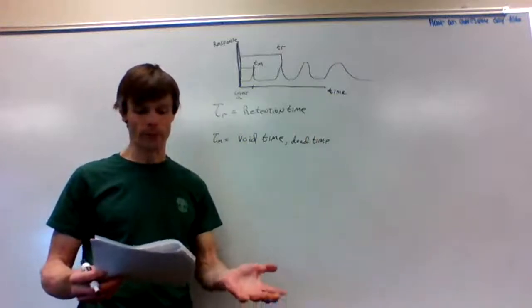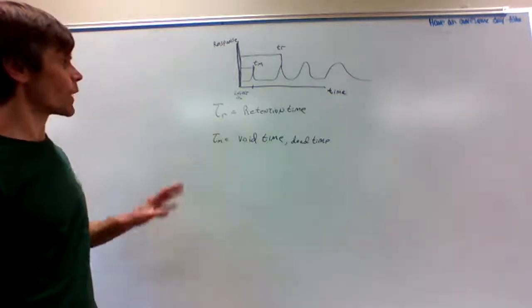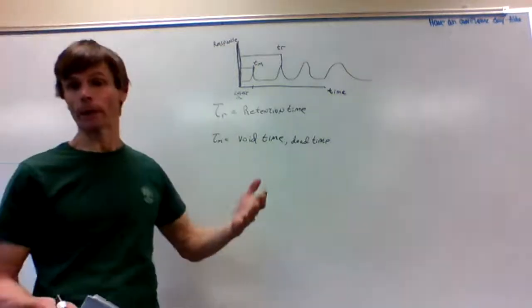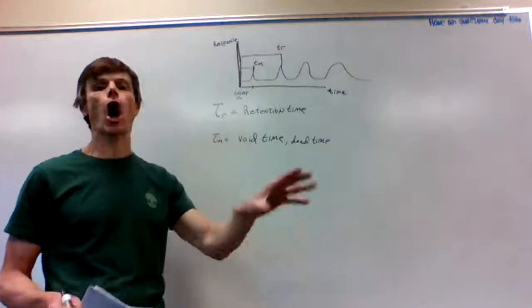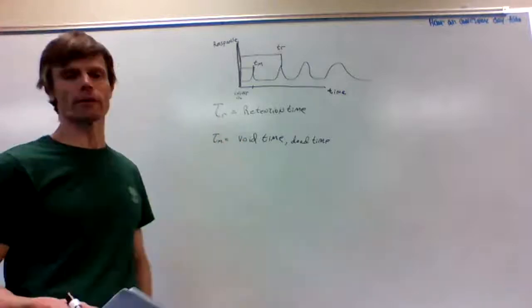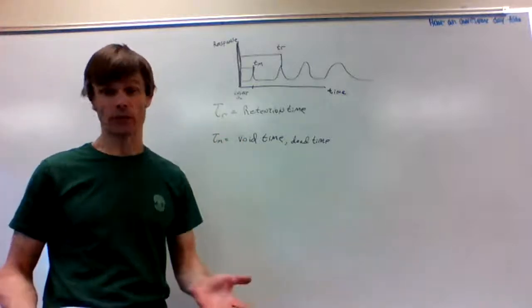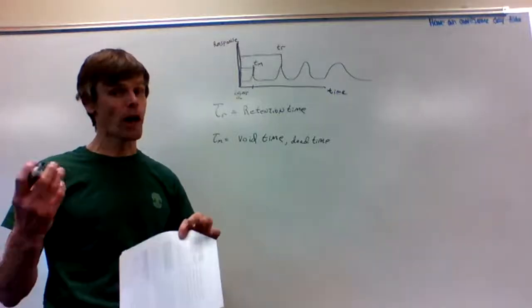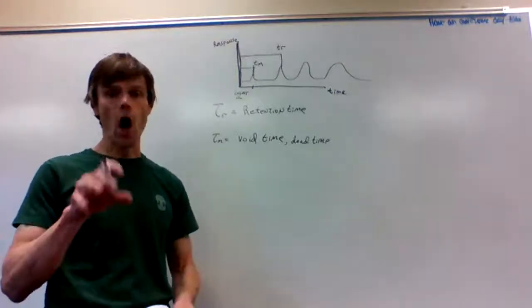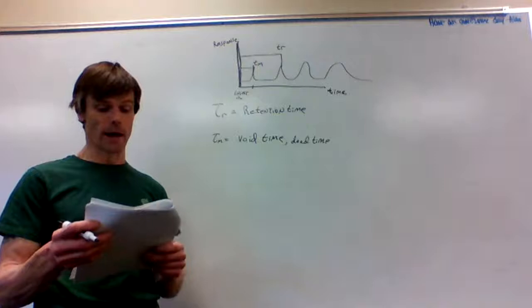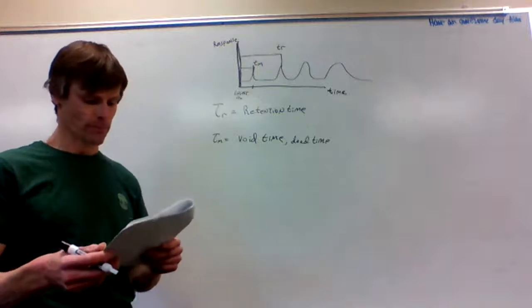Real important information. Now, we're going to do an experiment a little bit later dealing with GC. A common non-retained species is CH4. I have it listed here. It's not used all the time, but it is commonly used in gas chromatography.